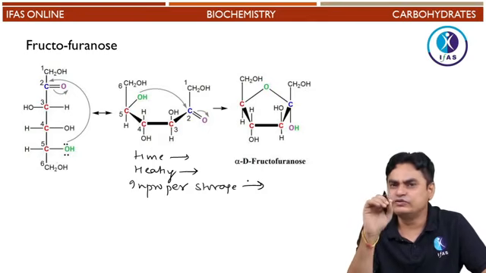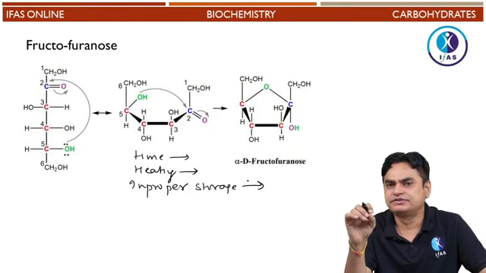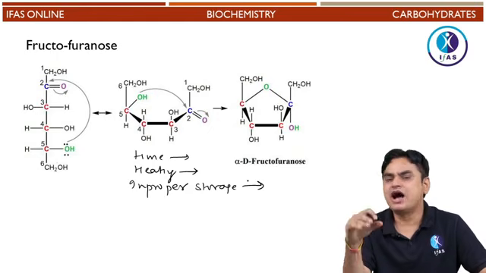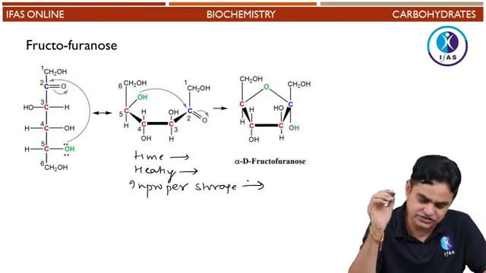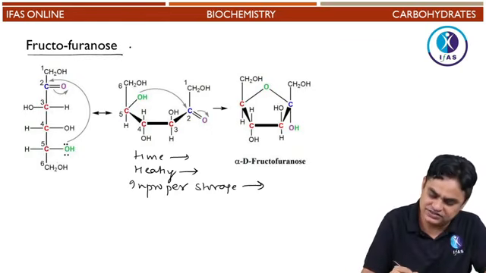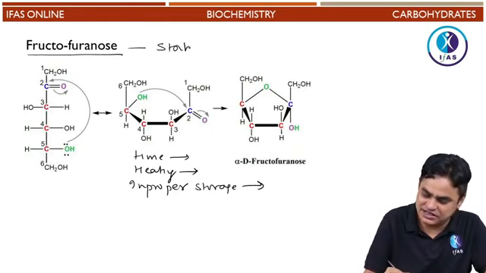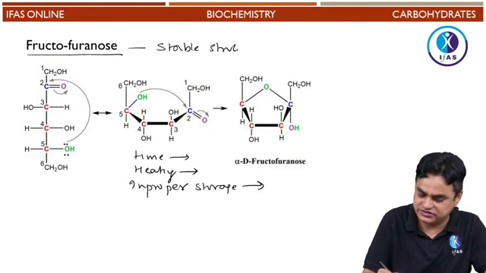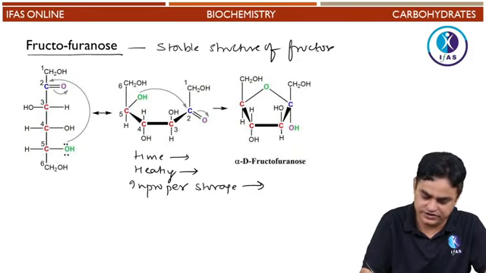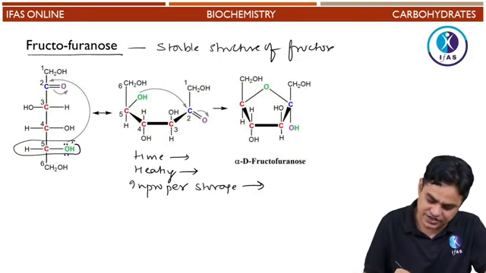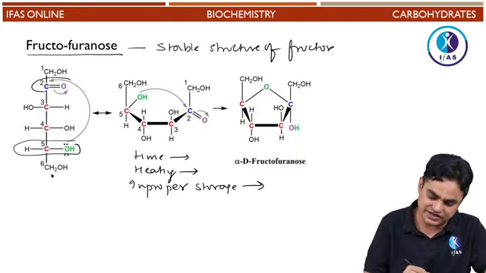the fructose may adopt a stable structure referred to as furan structure. So fructofuranose, this is the stable structure of fructose. Here you can see that now 5th carbon, instead of first 6 carbons was attacking, now 5th carbon is attacking on the 2nd carbon.